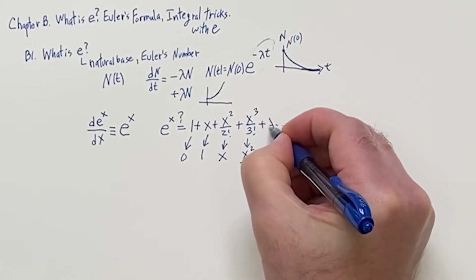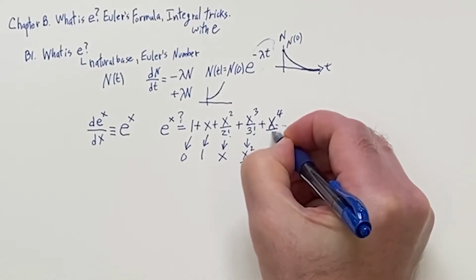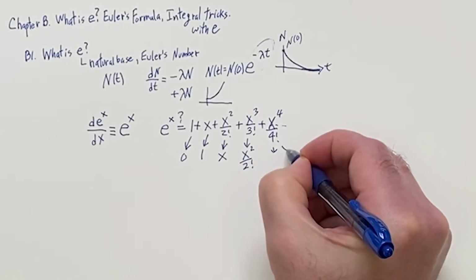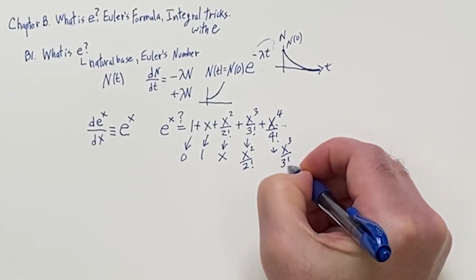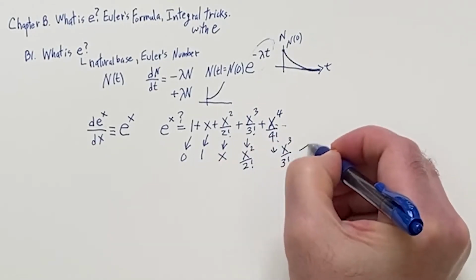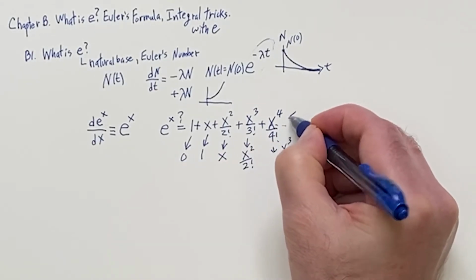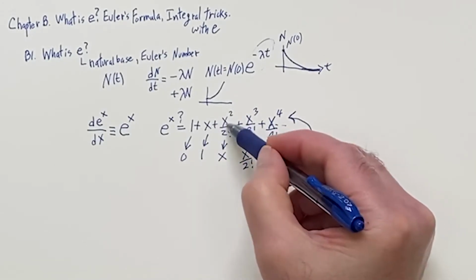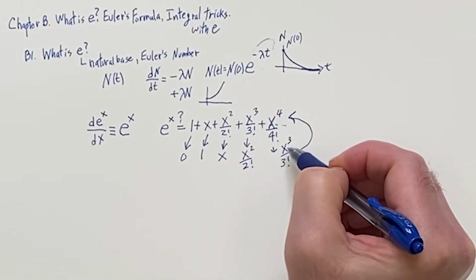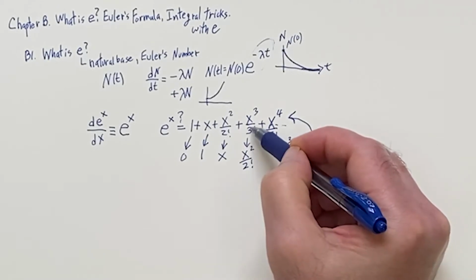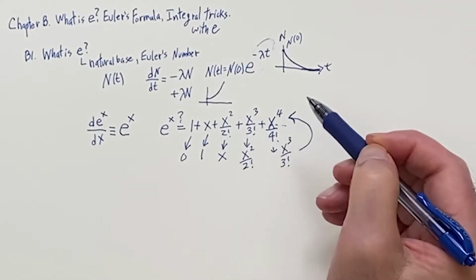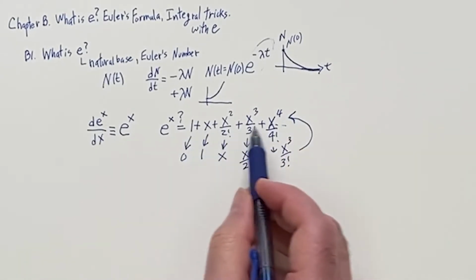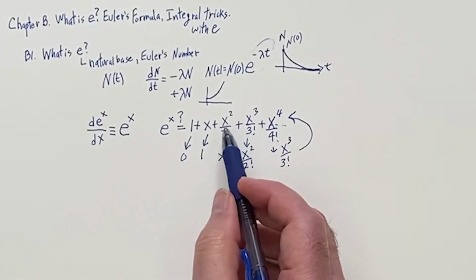And if we add one more, x to the 4th over 4 factorial, the 4 would cancel, you get x cubed over 3 factorial. But see, this is the same thing as that. There's your 1, there's your x squared over 2 factorial, there's your x cubed over 3 factorial, just shifted over 1. So this is the answer, as a power series.